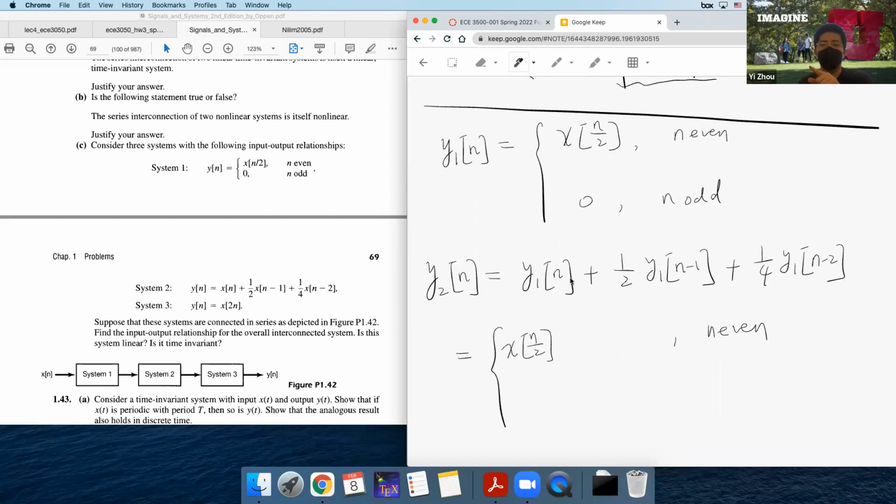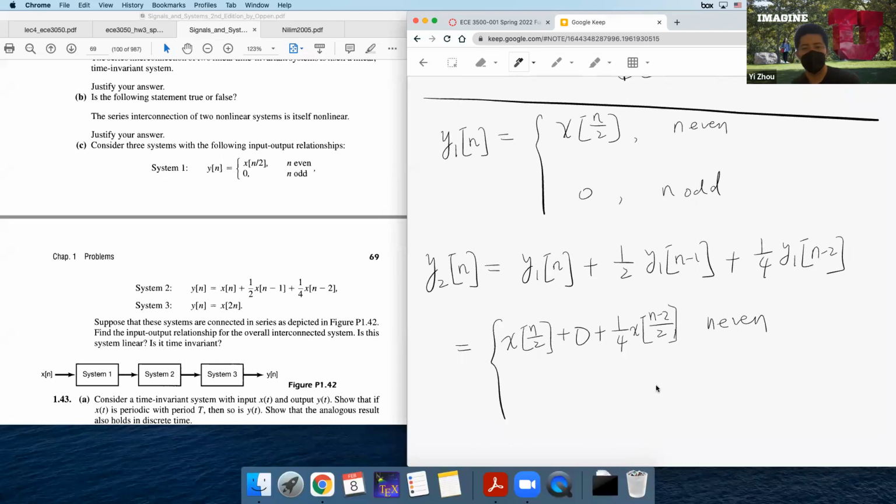And if n is even, n minus 1 is odd, so y1[n-1] follows the second formula, which is 0. Moreover, if n is even, n minus 2 is also even, so it follows the first one, replacing n by n minus 2. A little bit careful here. Right, so that's the even part.